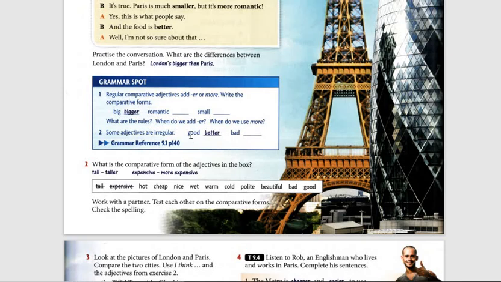Yes, good, better, bad, worse, far, farther, and we have seven or eight adjectives that we make the comparative by an irregular way. I'll send you a note.